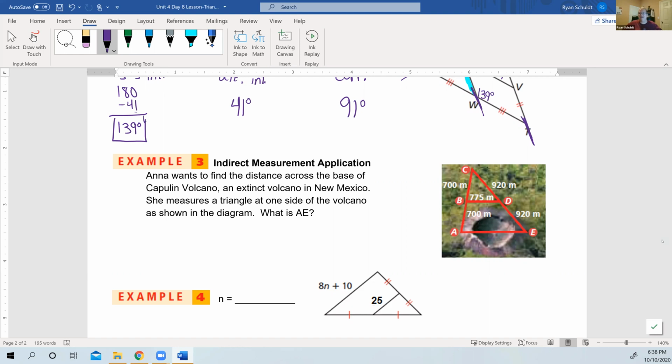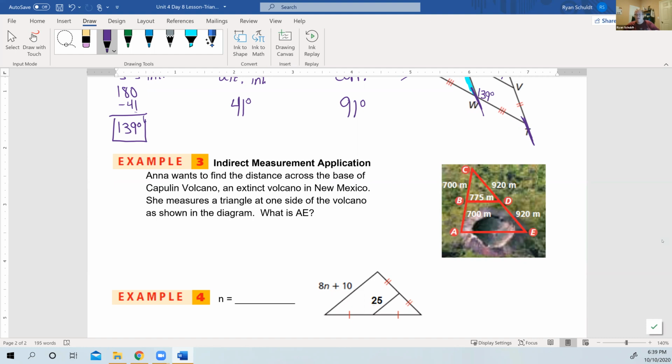What is AE? Well, essentially, she does not want to go into this volcano. So she can make her own little triangle outside the volcano and make sure this is a mid-segment here. Then it'll be all fine and dandy.